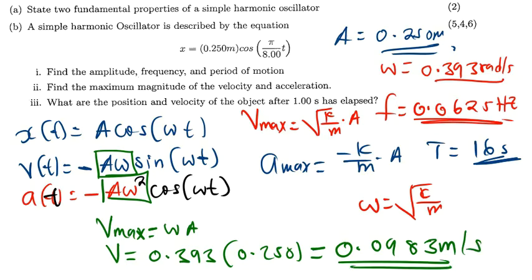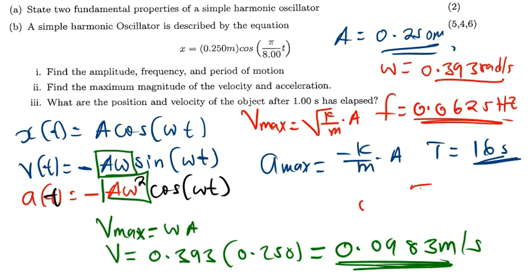That is the maximum velocity, the magnitude. We want the magnitude, that's why I'm not including the negative here. Let's find the acceleration.